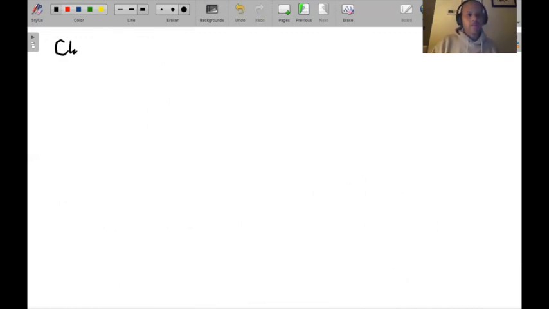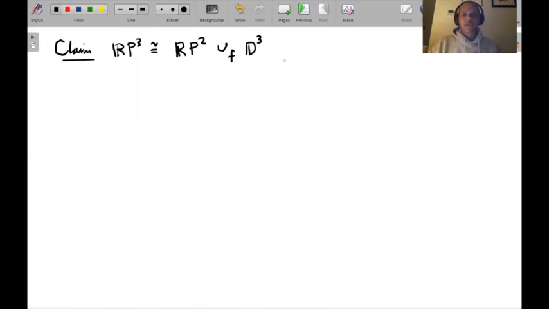So the claim is that RP3 is topologically equivalent to RP2 with a three-dimensional cell attached, where the map F here, remember, is a map from the boundary of the disk to RP2.